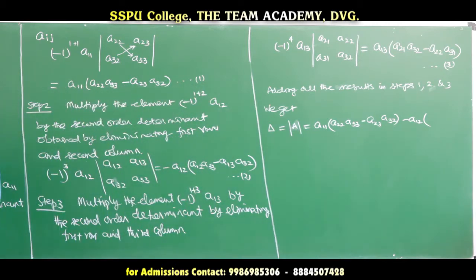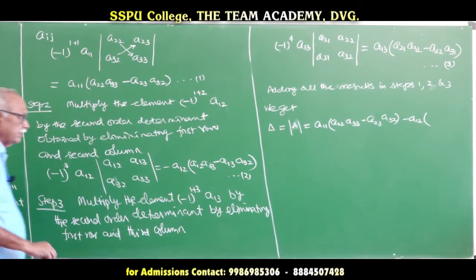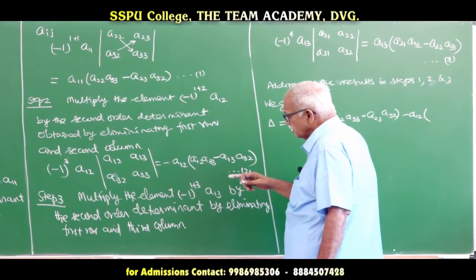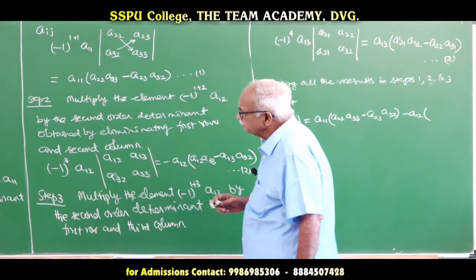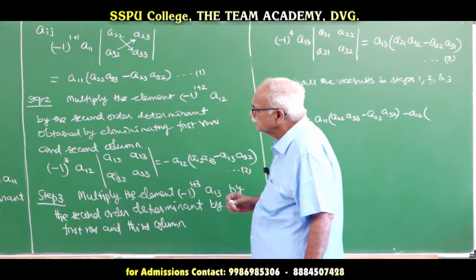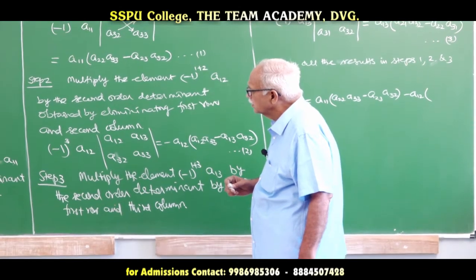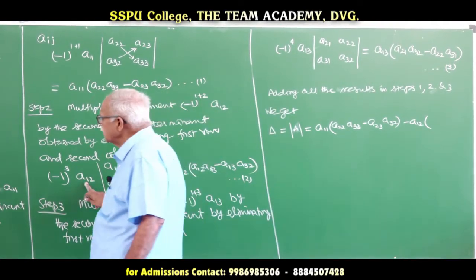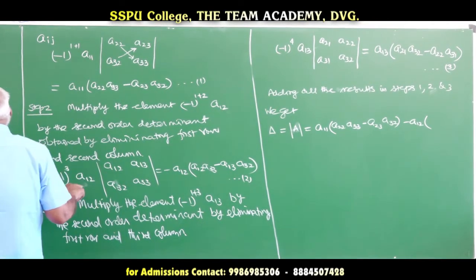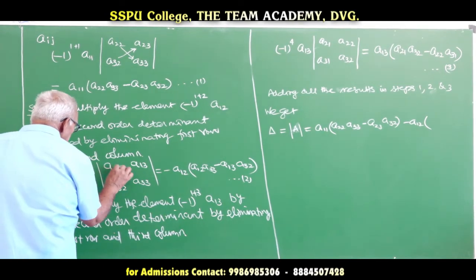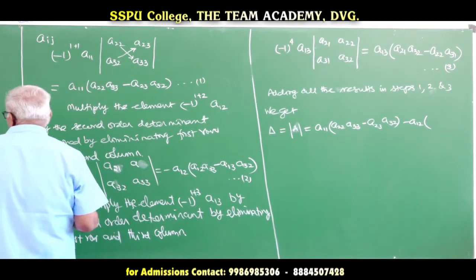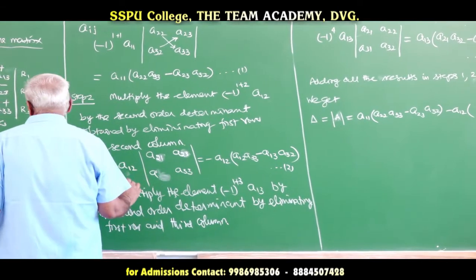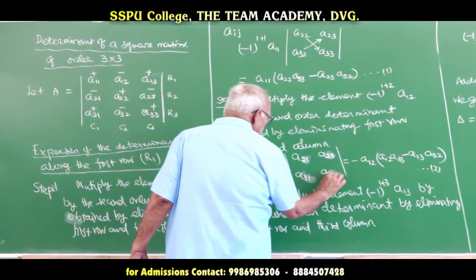Here itself we can write A12 into A21 A33. If we eliminate the first row and the second column, we get here A21, A23 and A31, A32.